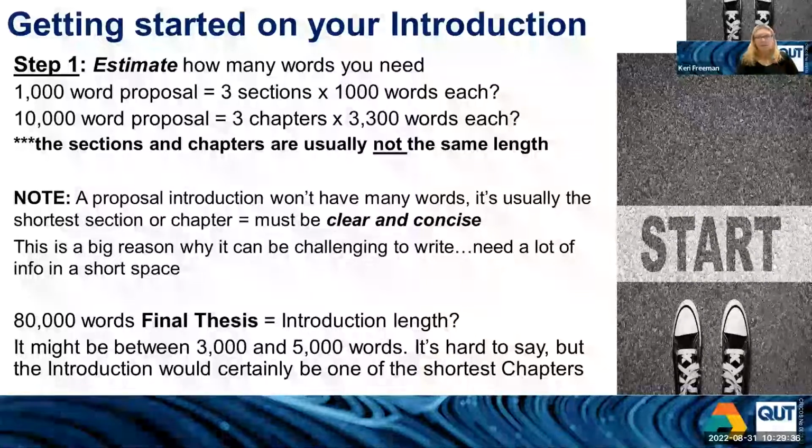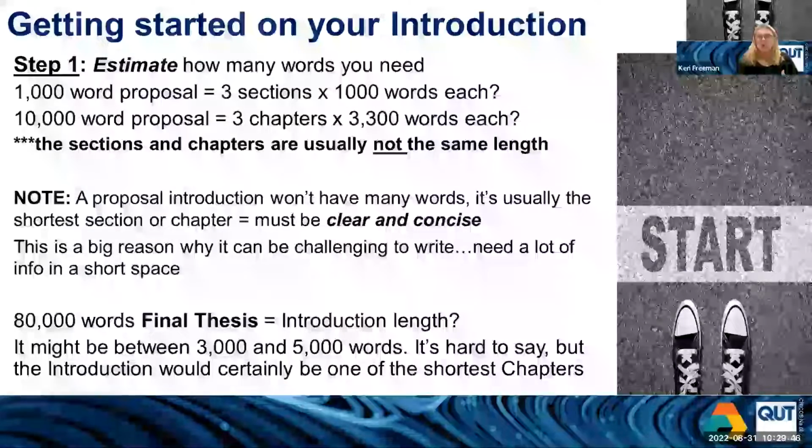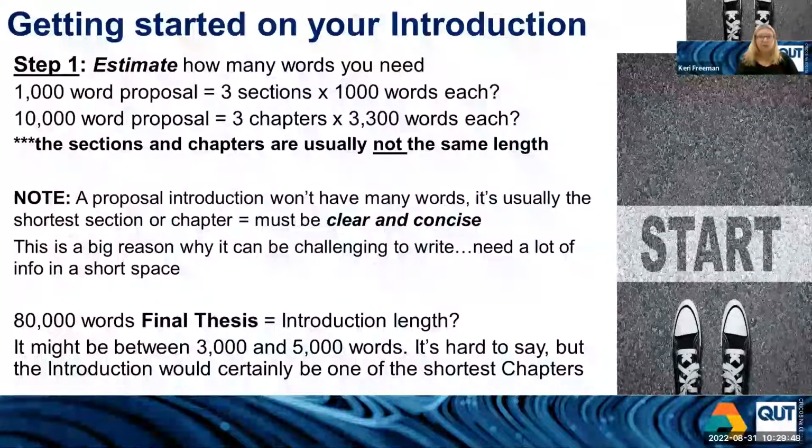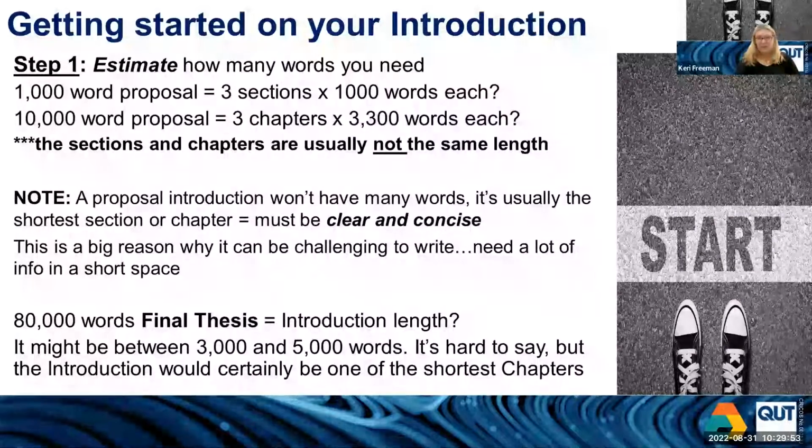Your introduction section is never going to be the longest. So it's hard to say exactly, but start to think about this. If you know you only have 1,000 words to play with, or even less, that's going to mean you have to be very concise and write in a very clear way as well.